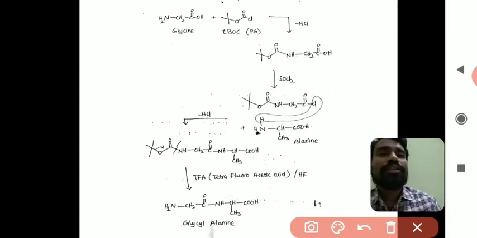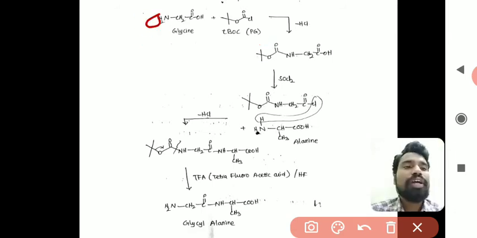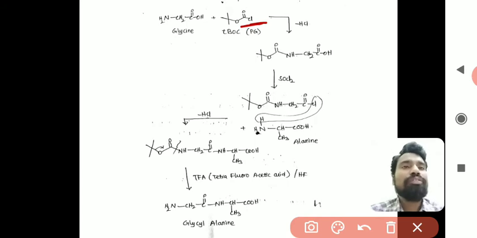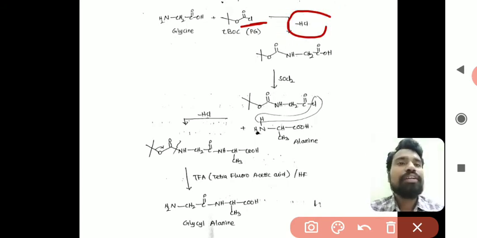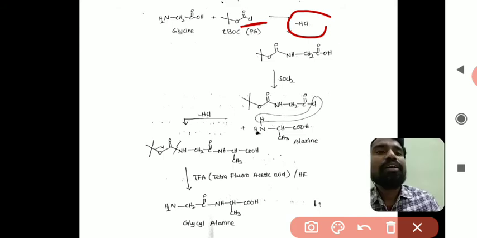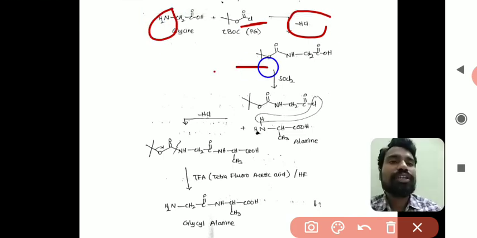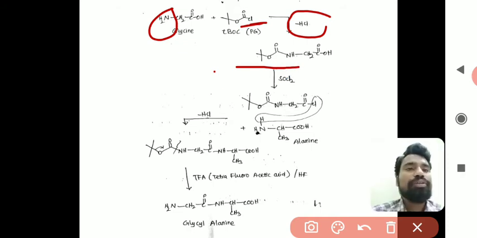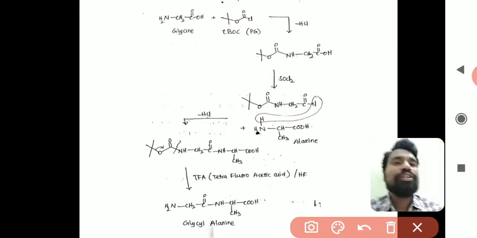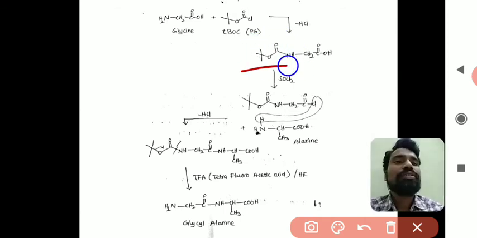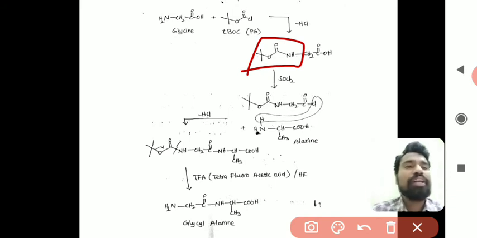The hydrogen from the amino group and the Cl from Boc leave as HCl, and then the Boc attaches to the amino nitrogen. With this we have protected the amino group of glycine. So this amino group would be inactive now, and will not react with any carboxylic acid groups.